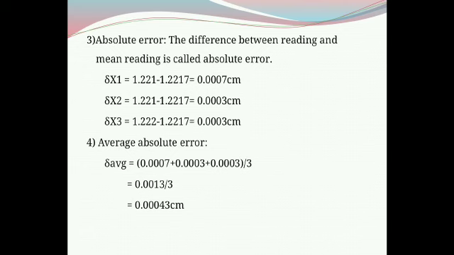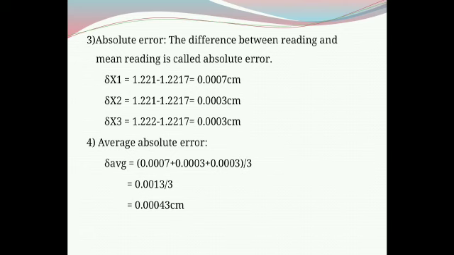Then the fourth step is average absolute error. To find the average, add the total absolute errors and divide by 3.